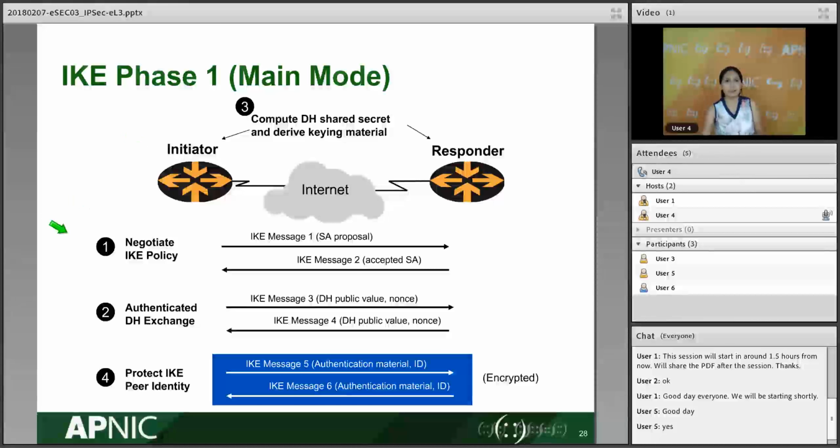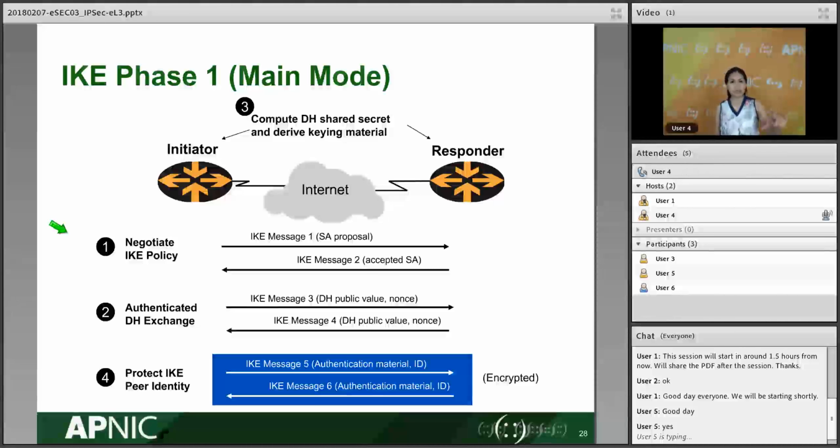How does that work? So first of all, your initiator sends the first message. That is your proposal. So remember security associations? Security associations are collections of parameters that you support based on your security policy.